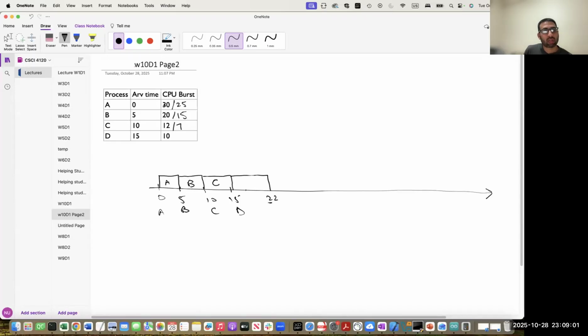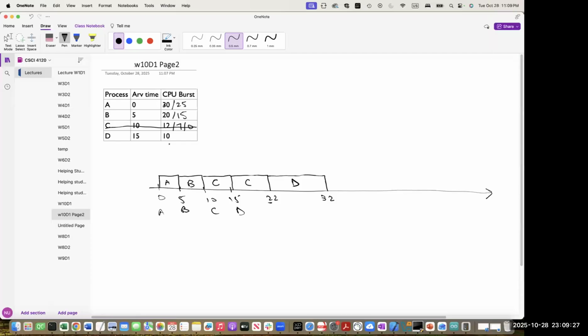Make sure that my math is correct. 15 plus 7 is 22. And then C is done, so I can cross it out. Then I look at which one has the smallest burst time, D. So I allow D to run for 10 time units, so 32.